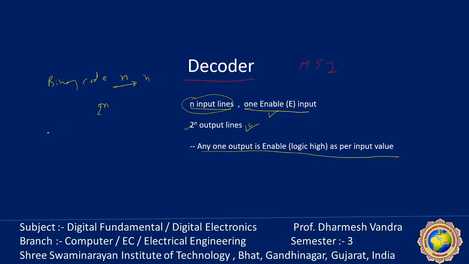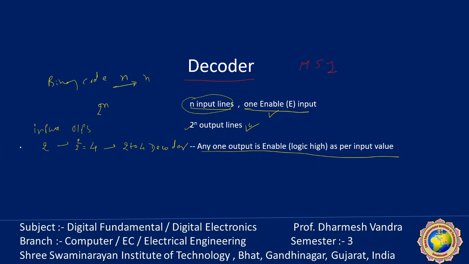Suppose we ask how different types of ICs are possible. If I have 2 input lines, how many outputs are there? 2 raised to 2 equals 4, and this is called a 2 to 4 decoder.